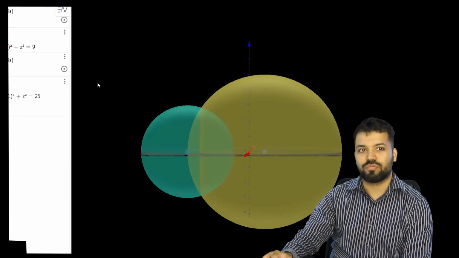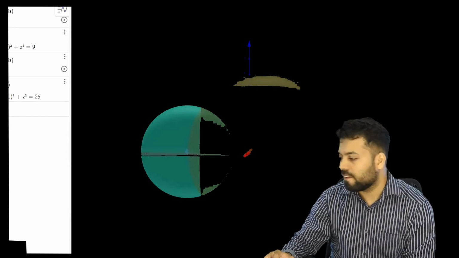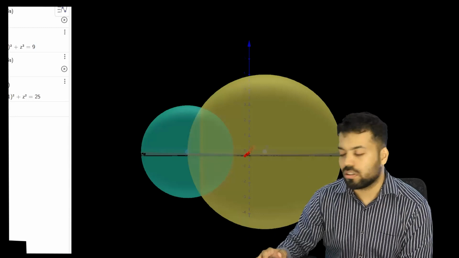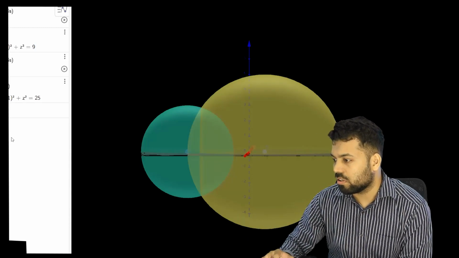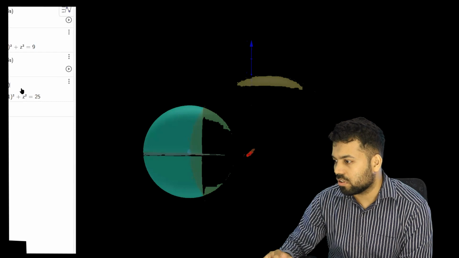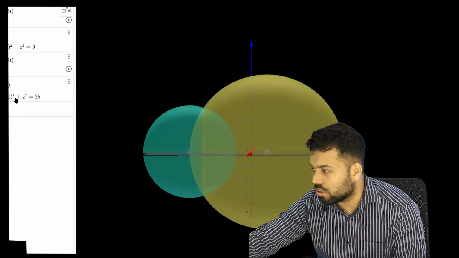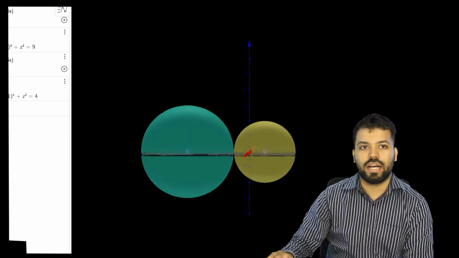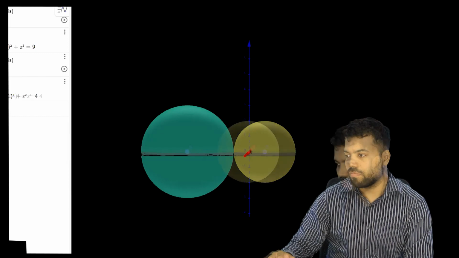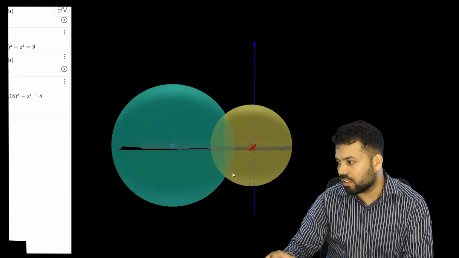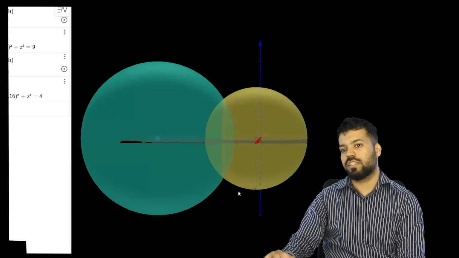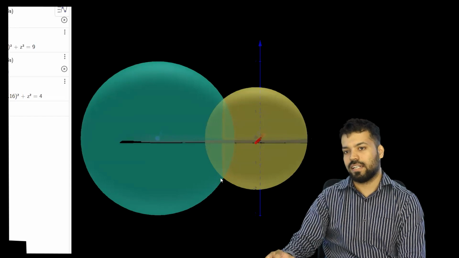Now, what if I decrease the radius of the yellow ball? Okay, now I'll zoom it. Now what do you think has happened? I have decreased the radius of this yellow ball, which is creating the projection inside like this.